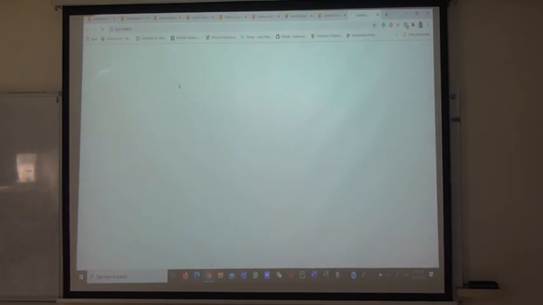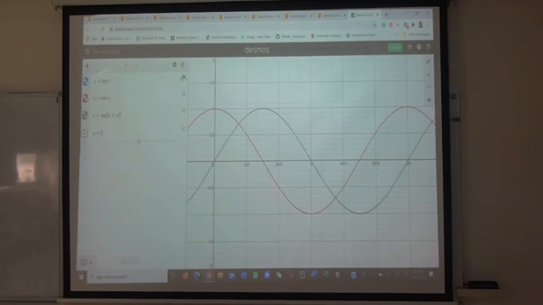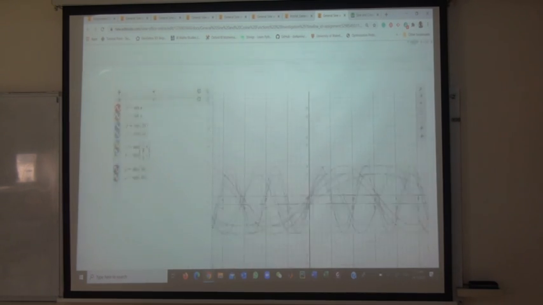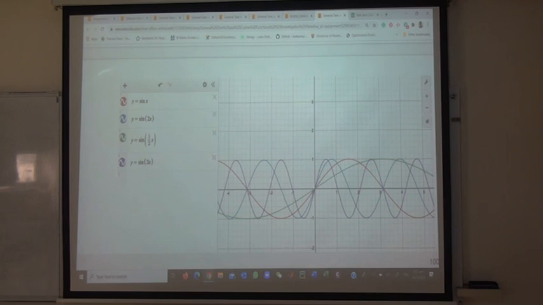I gave you a different one because that's 4. I'll just get rid of this one. Okay. Let's have sine. What are the other functions? Okay, sine x, sine 2x, sine half x.